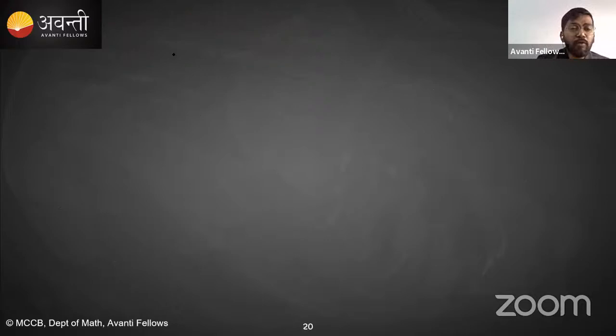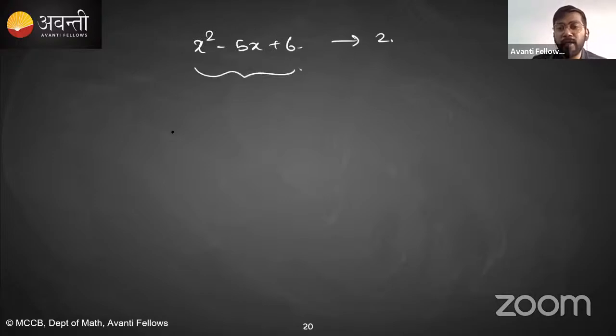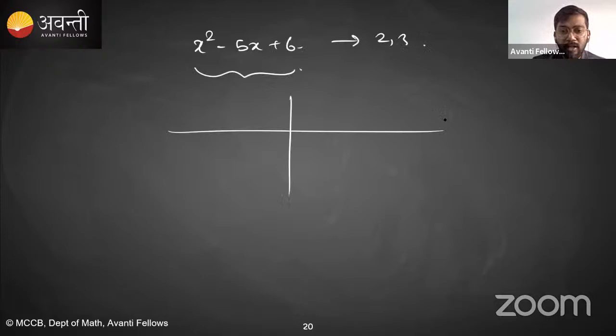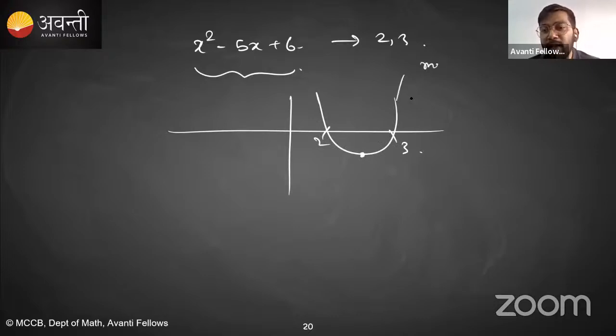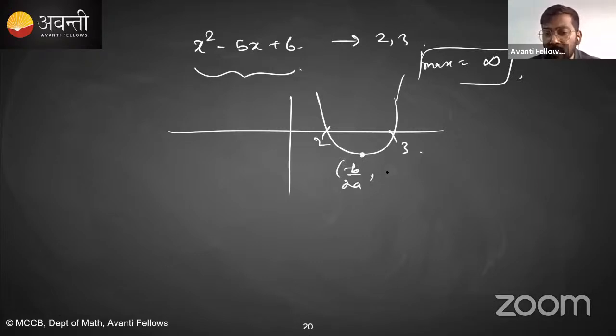Now let's see an example. If I want to find the range of a simple quadratic equation x square minus 5x plus 6, you know that this graph has 2 and 3 as its roots. So I'll draw 2, I'll draw 3. I know that the vertex is the minimum value, and the maximum is that the graph will go to infinity. The minimum value is at the vertex, which is minus b by 2a, minus d by 4a.